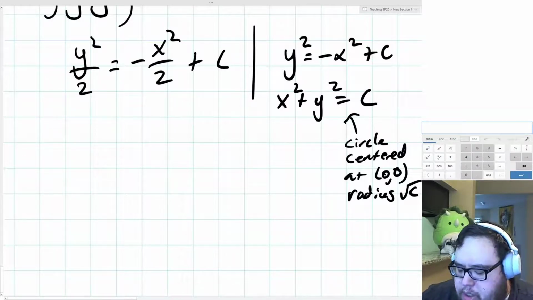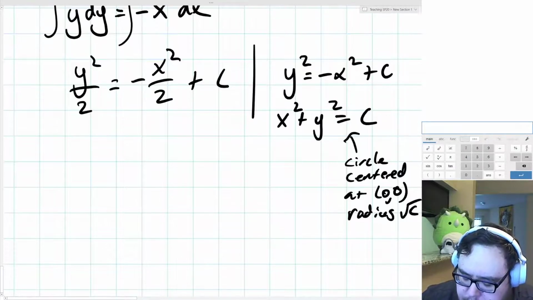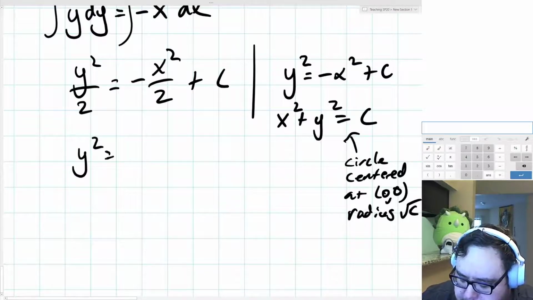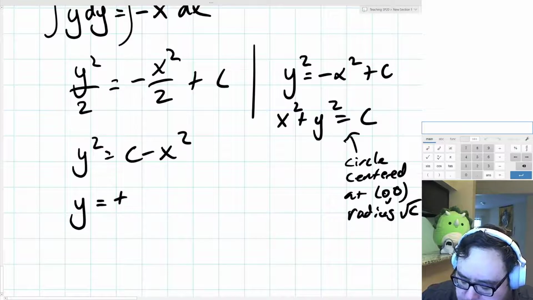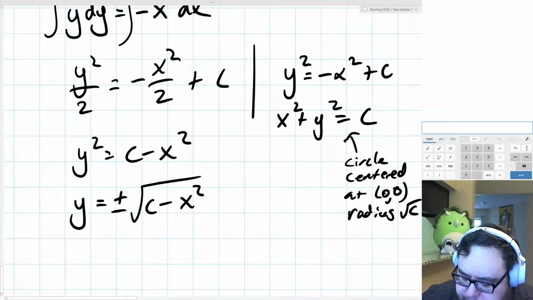But if we wanted to just solve for y here, we could rewrite this as y squared equals c minus x squared, multiplying both sides by 2. And then we could take the square root of both sides, giving us that y is equal to plus or minus the square root of c minus x squared.